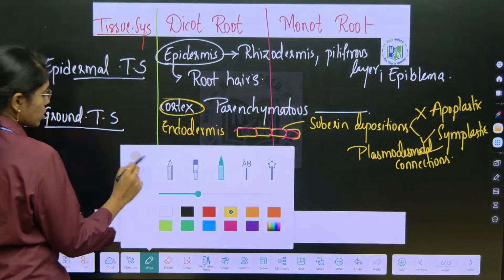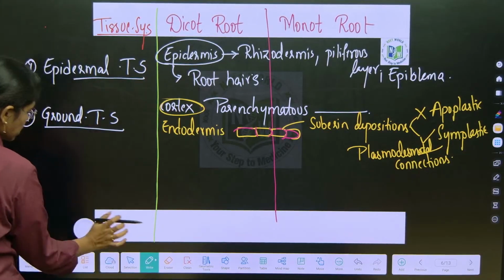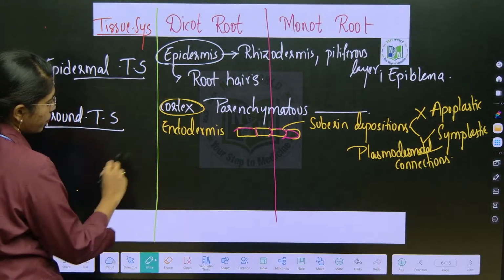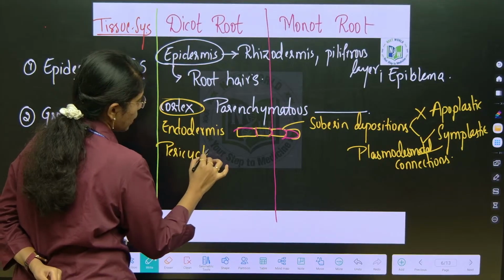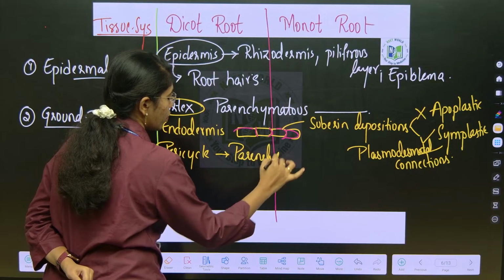Next, third, after endodermis, in the ground tissue, pith is also included, like under the stellar region. Next is pericycle. Pericycle is again parenchymatous in both of them.